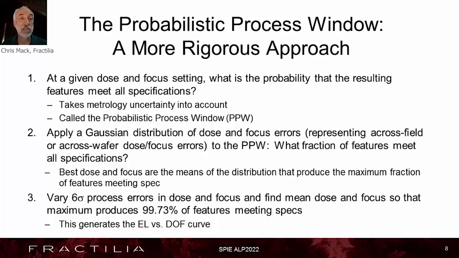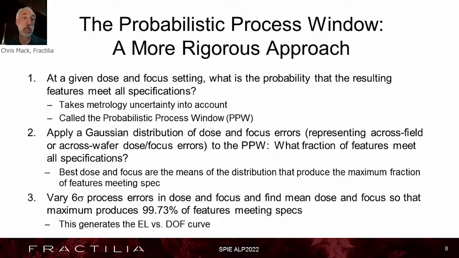It takes place in 3 steps, and I'll go through these 3 steps in a little bit more detail in the coming slides. We begin by taking our data of, say, dose and focus with CD as an output. We ask the question, at any given dose and focus setting, what is the probability that the resulting features meet all the specs?